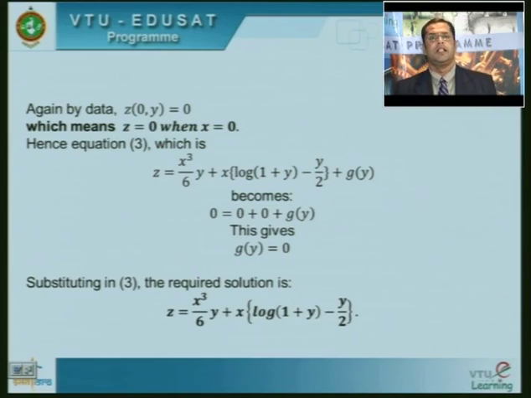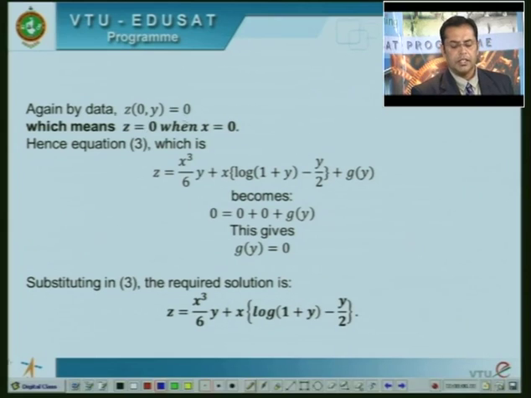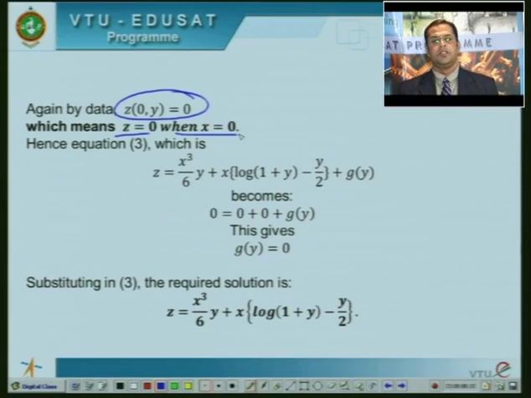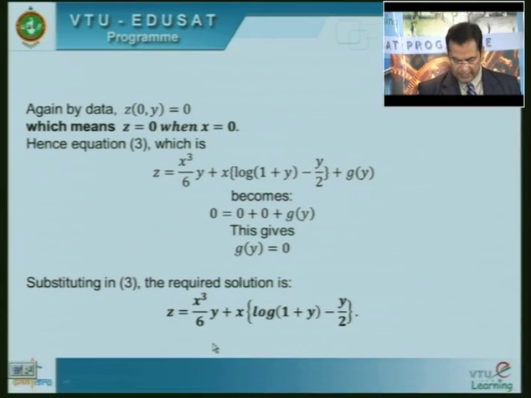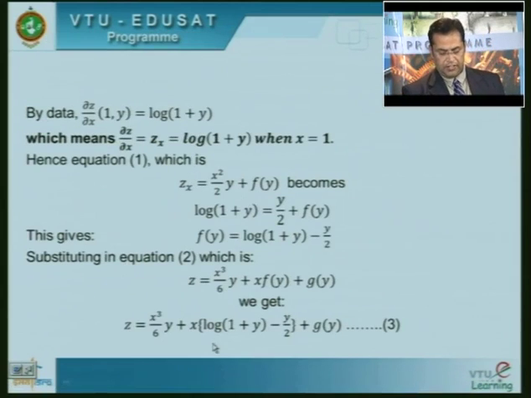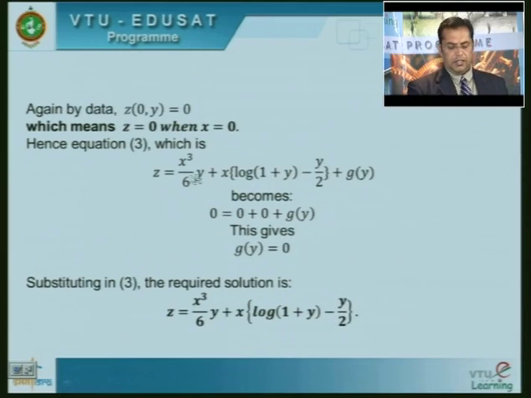Now, apply the second condition which is z(0, y) equal to 0, which means z is 0 when x is 0. So, for this we will recall our equation 3 again, which is this equation obtained by substituting f of y. So, that is written here. In this, apply this condition. When x is 0, z is 0.